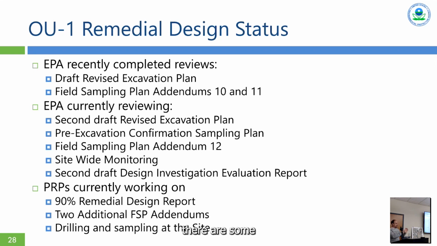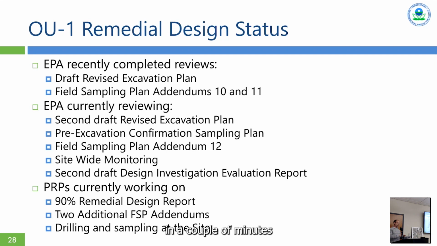However, there are some smaller areas of refinement that the PRPs think they can either reduce the complexity of the cover system they're going to need to build, or slightly shrink the area that the cover system would have to go to. And so they have an interest in certain specific sampling that could, like I said, reduce the complexity of that cover system design.